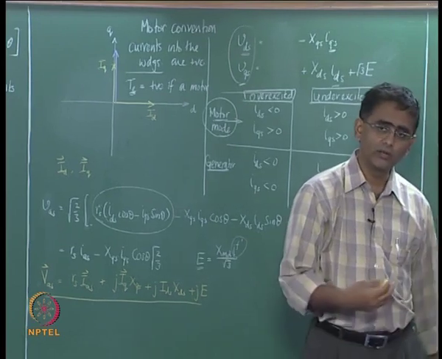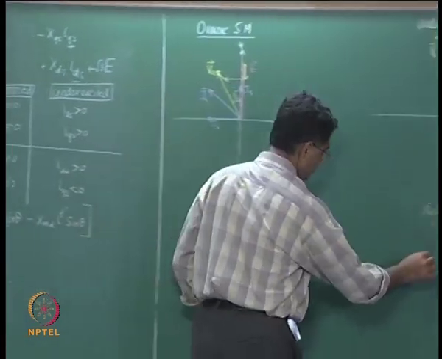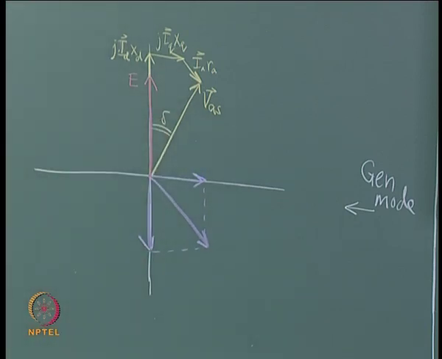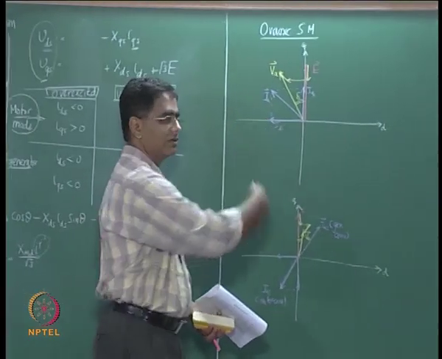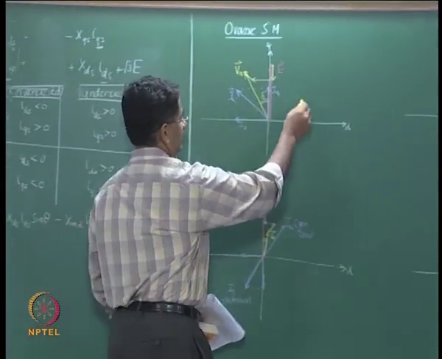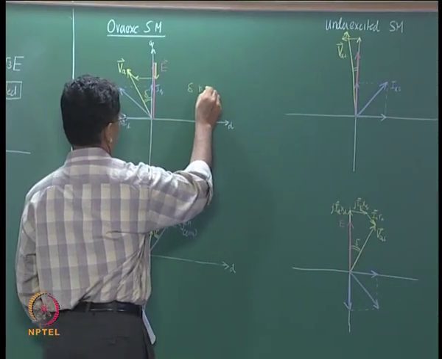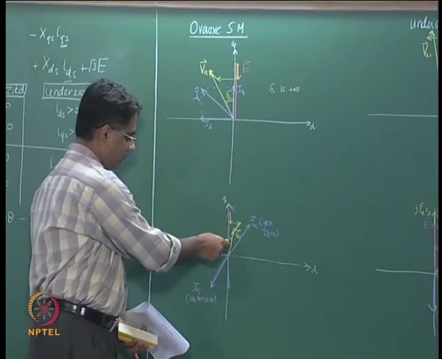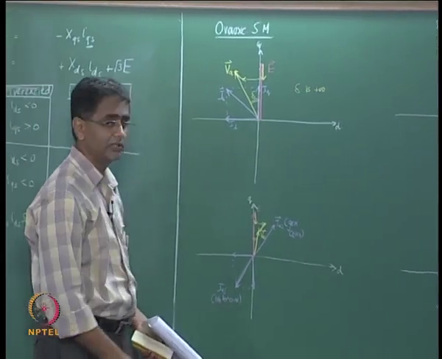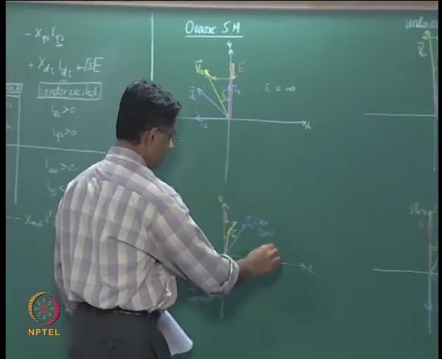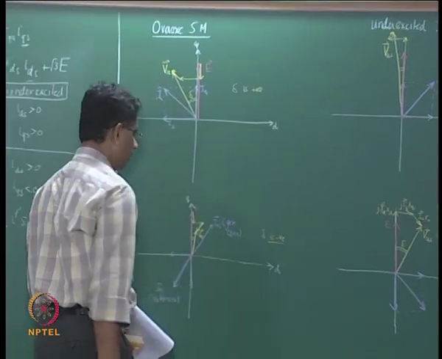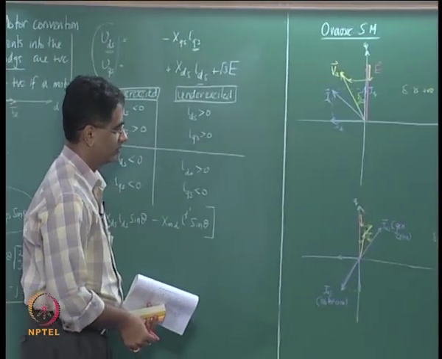So, this would then be the phasor diagram, and you have the load angle that is here. So, what we see is if the mode is that of a synchronous motor, the load angle is positive this way, and if the operation is that of a generator, the load angle is negative. This again is based on the convention that we are going to follow.